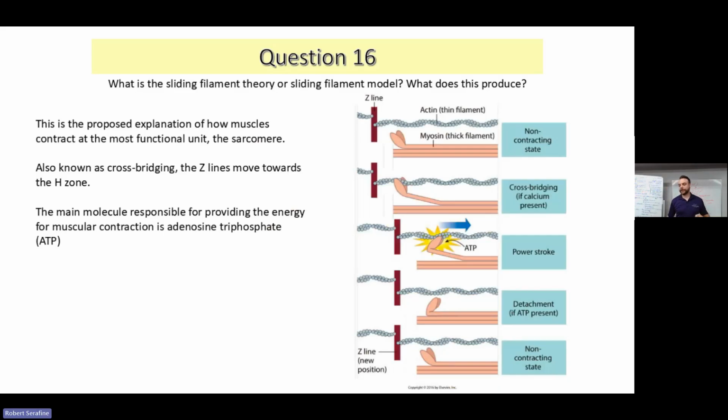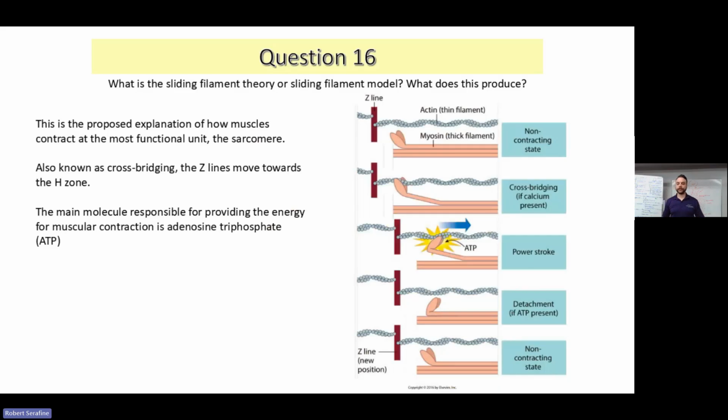To keep it simple, the sliding filament model is where the actin and myosin come together towards the center, bringing the Z lines toward the center and creating the shortening of that sarcomere.